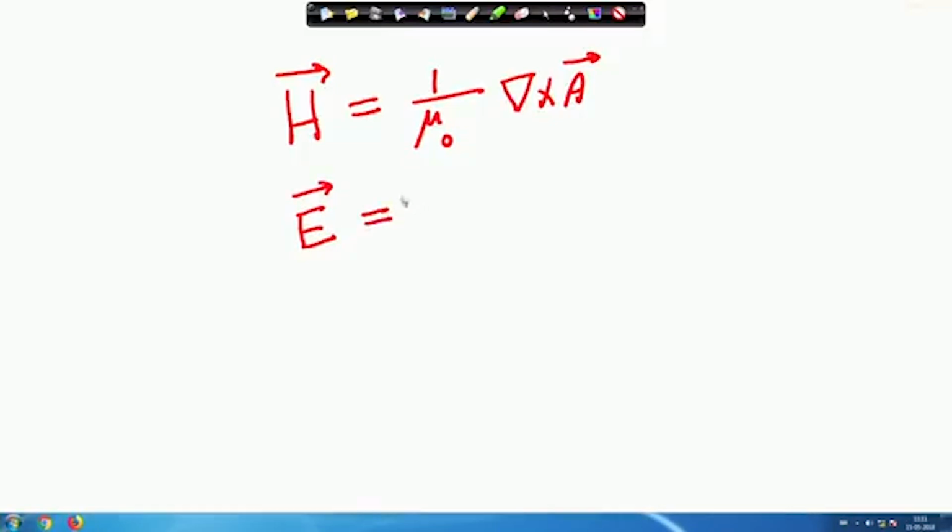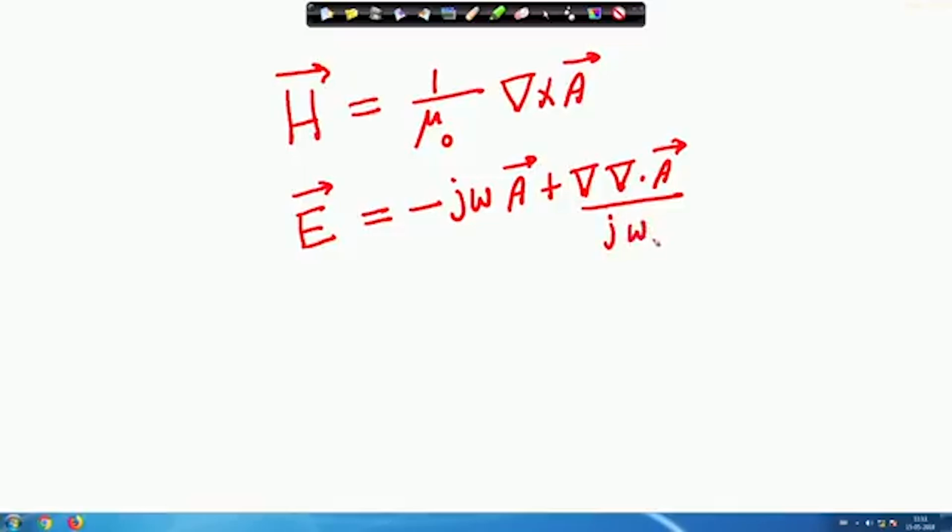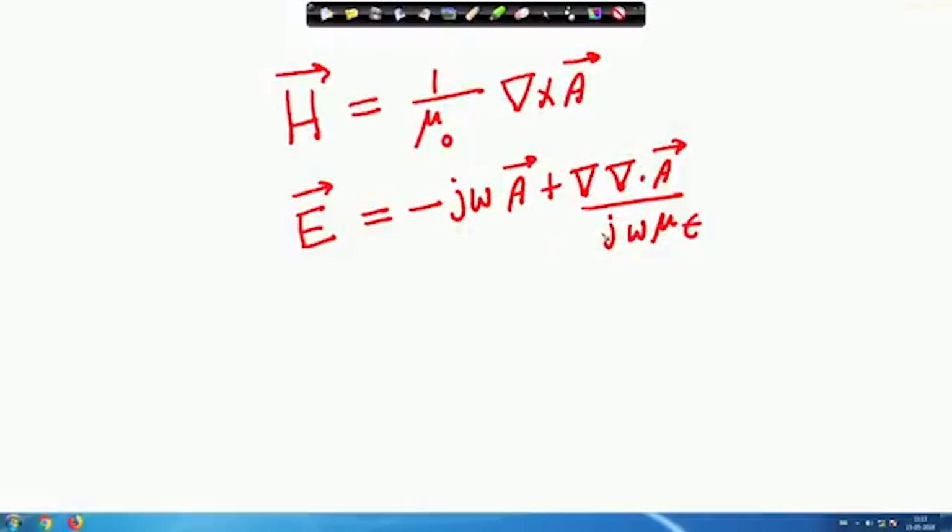And we know what E is. If we put this solution into Maxwell's equation, you get E equal to minus j omega A plus del cross A by j omega mu epsilon. So, I know A, so E can be obtained. Or you can first find out H, then put the H into Maxwell's equation, or directly from here also you can find it.